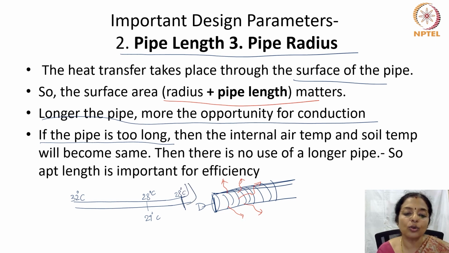So there is no point in having very long tubes, because it has other issues. When you start using longer pipe, you need more space, and the site may not have that much space. So apt length or optimum length is an important criterion for the efficiency.